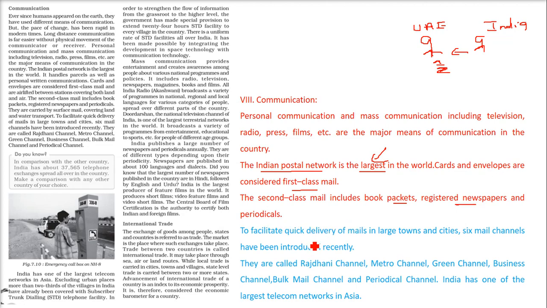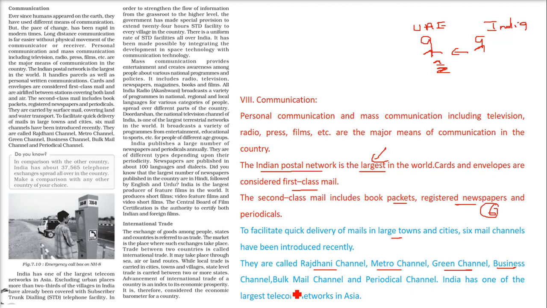In order to facilitate the quick delivery of mails in large towns and cities, six mail channels have been introduced recently. Let me name them. They are called Rajdhani channel, Metro channel, Green channel, Business channel, Bulk mail channel and Periodical channel.